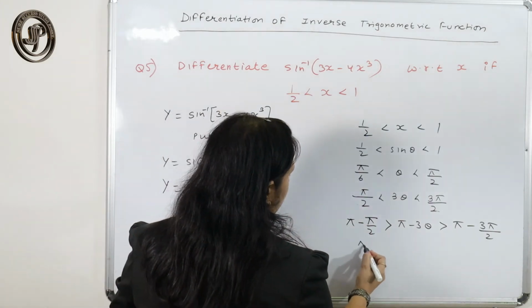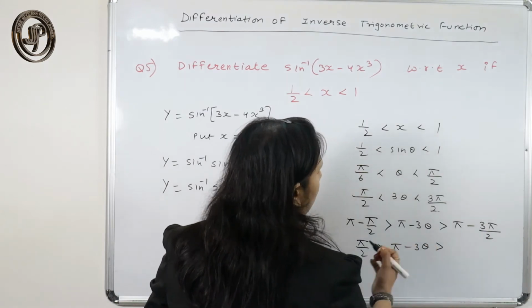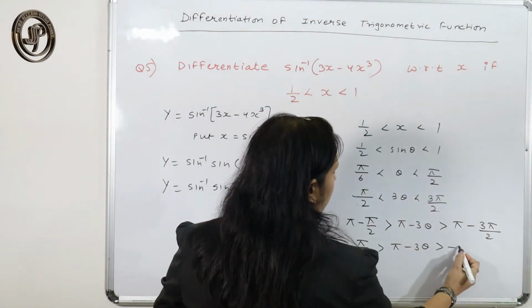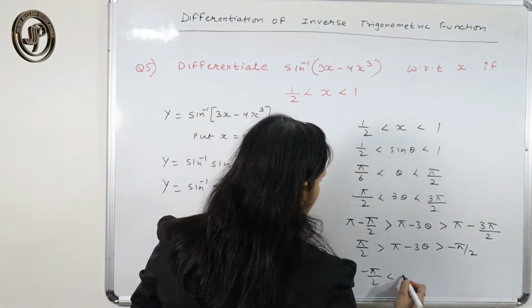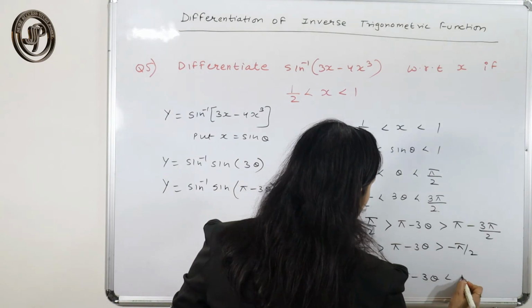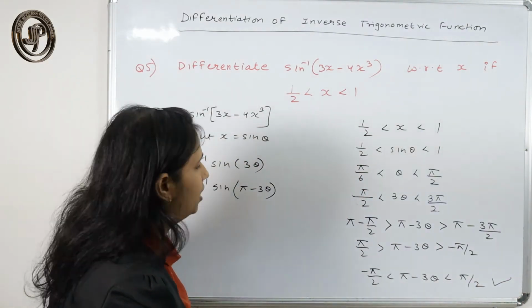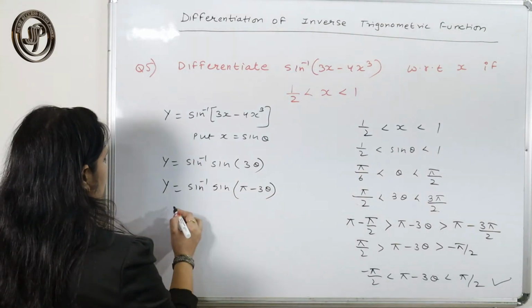So this becomes what? Pi by 2 to pi minus 3 theta, and here it comes minus pi by 2. So we can write this as minus pi by 2 to pi minus 3 theta to pi by 2. So here it comes under the exact range for sine inverse.